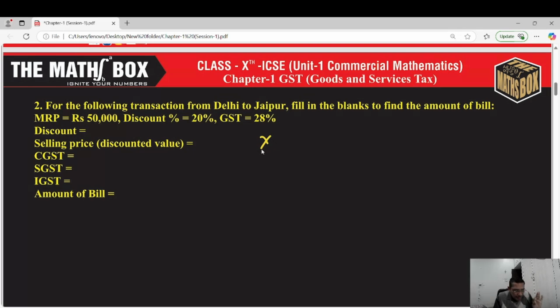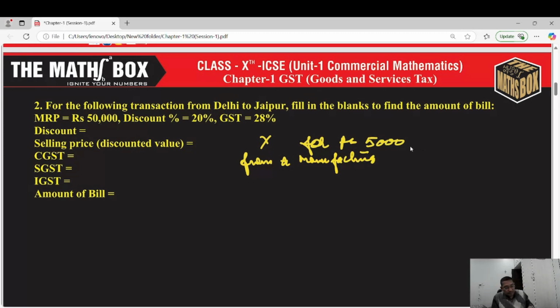Now, an item is purchased by trader X for rupees 5,000 from a manufacturer. So who is X?